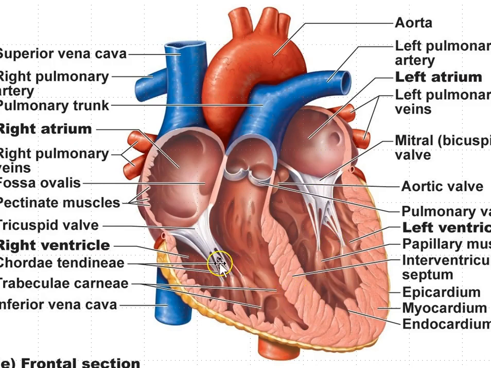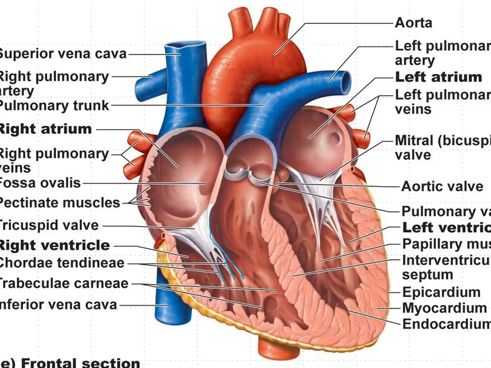And then you can see here the heart has a muscular wall, and this muscle we call papillary muscles. These are the papillary muscles, and some structures like strings from the valve attach to the papillary muscles.